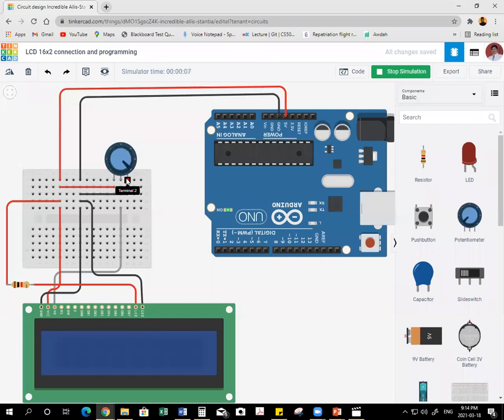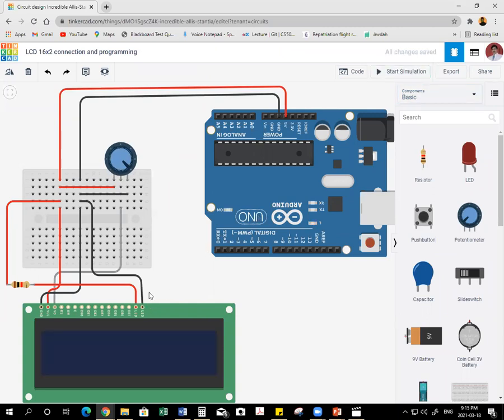You can see inside, 16 boxes in one row and 16 boxes in the second row. That's why it is called 16 by 2, meaning 16 columns with 2 rows. So this is finished. The backlight is coming and we can adjust the contrast. Now we have to connect the data pins and the register select and enable.